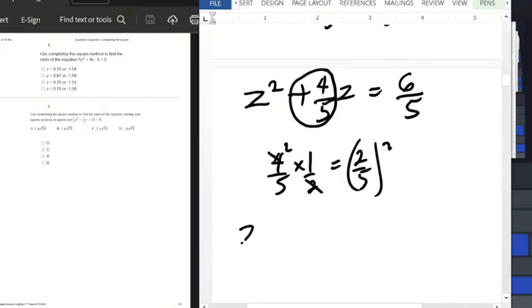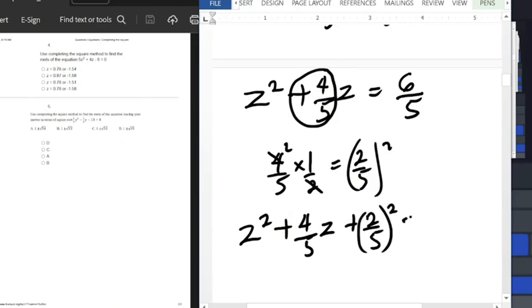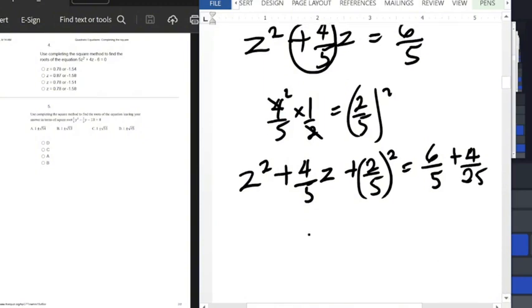So we have z squared plus 4 over 5 z plus 2 over 5 squared equals 6 over 5 plus this, then 2 squared is 4, 5 squared is 25.